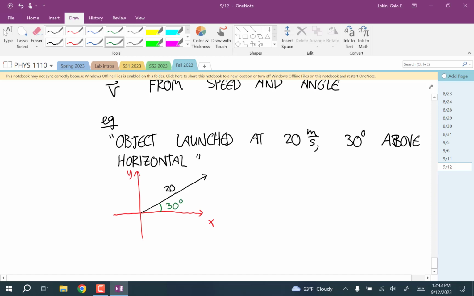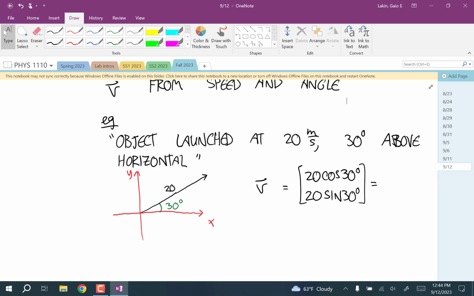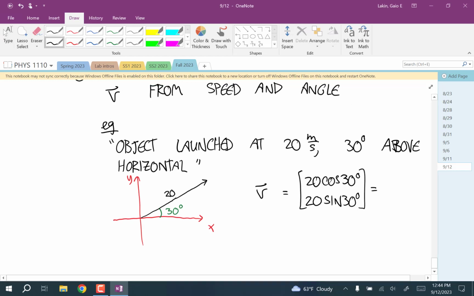Now go through the steps of calculating the vector components, and your velocity vector at that instant will be 20 times cosine of 30 degrees, 20 times the sine of 30 degrees, and you'll get 17.32 and then 10.